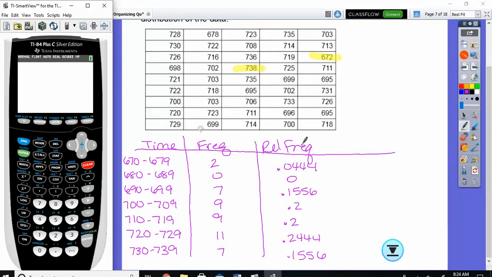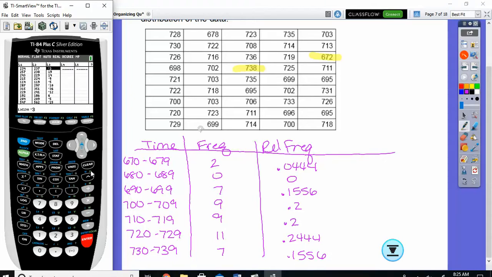Okay, so first thing we always have to do is enter our data. So we are going to go to our list. Okay. So if you hit the Stat button, and then the first one, Edit, we have list data.